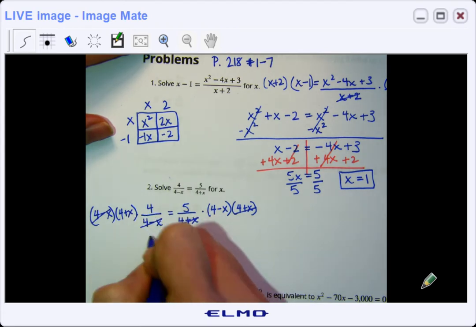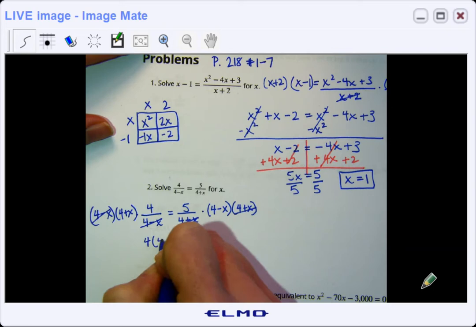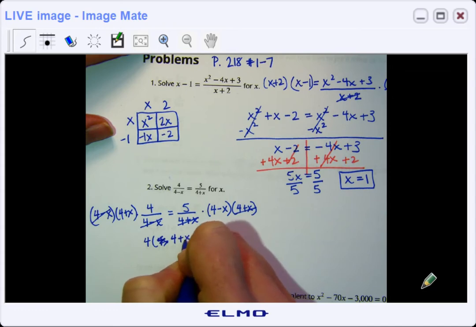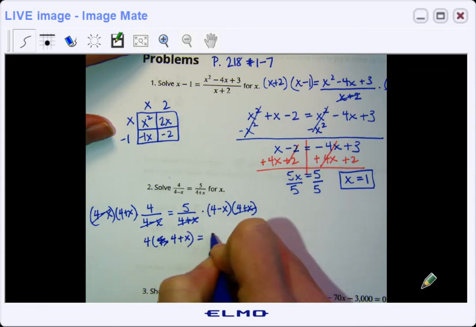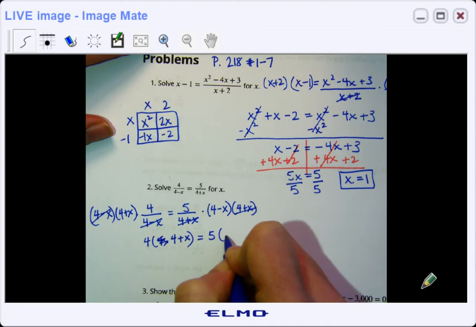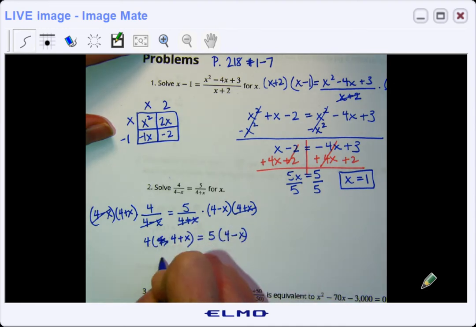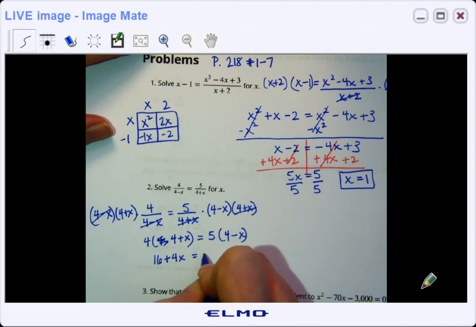So that gives us 4 times 4 plus x equals 5 times 4 minus x. So 16 plus 4x when I distribute. 20 minus 5x over there.